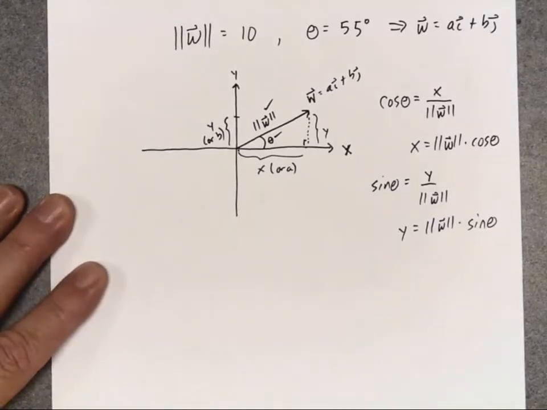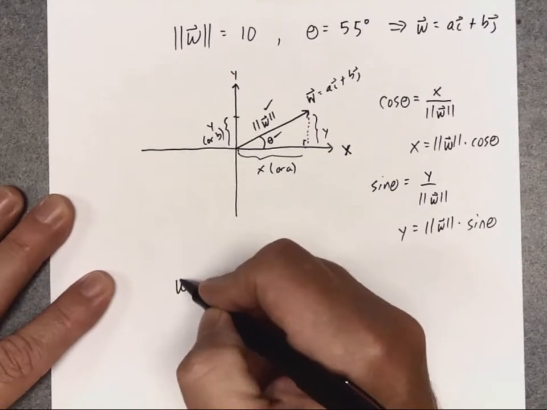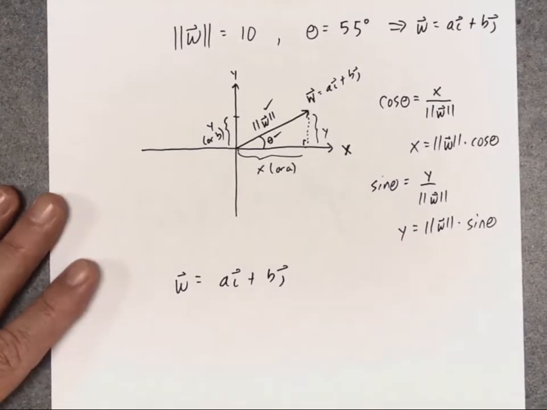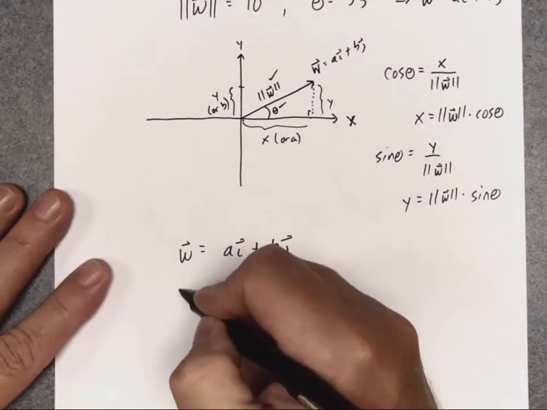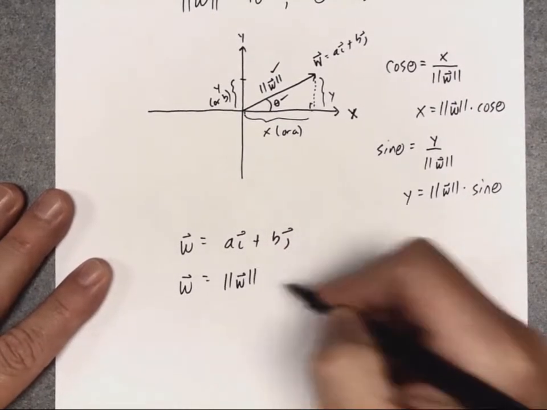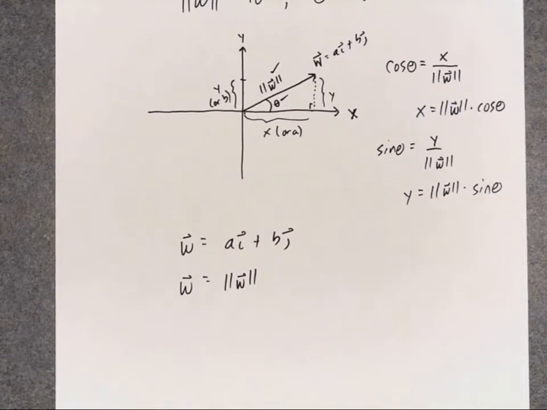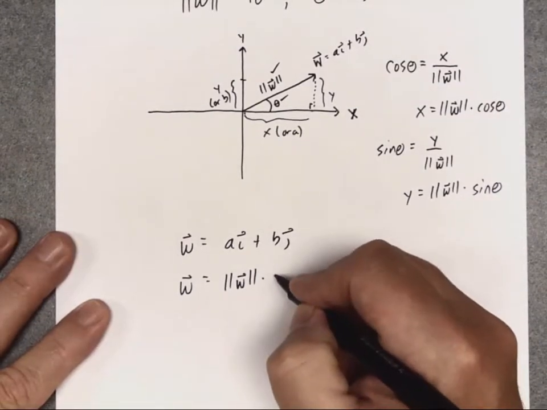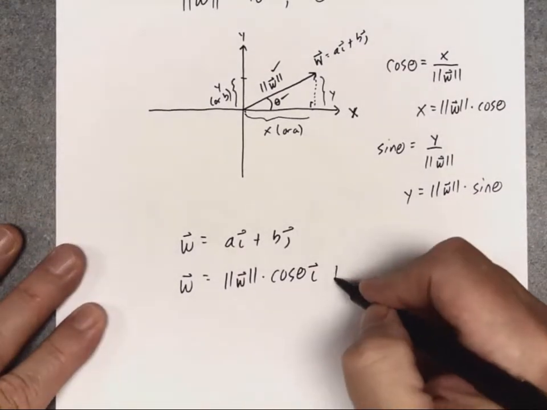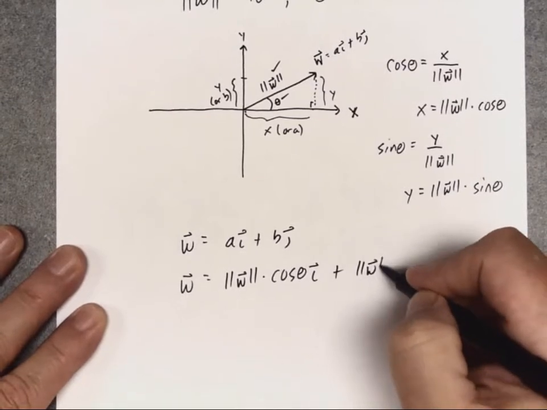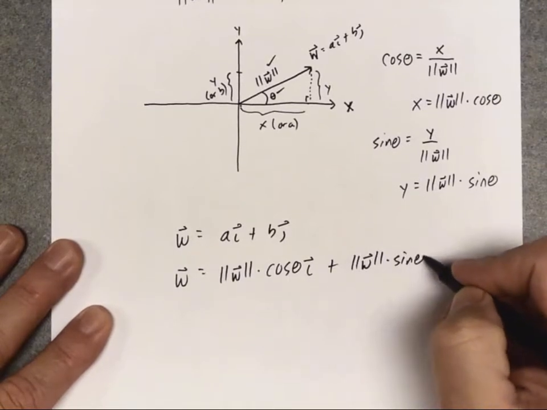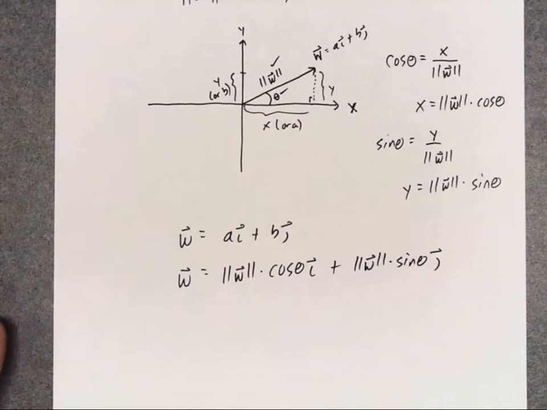So I could rewrite it now. If I want to write it in ij, what you take is the magnitude of your vector times the cosine of theta to get the I part, plus the magnitude of your vector times the sine of theta to get the j part.